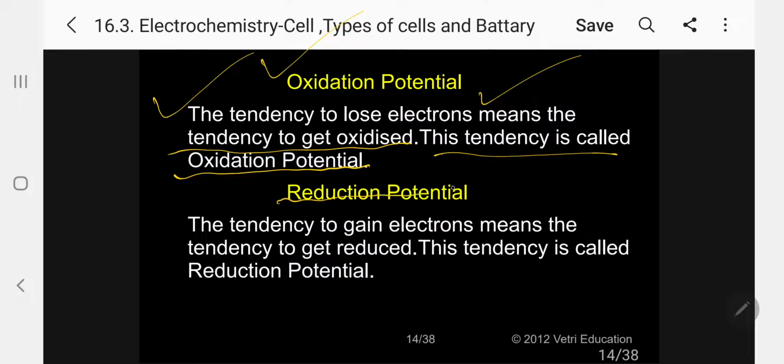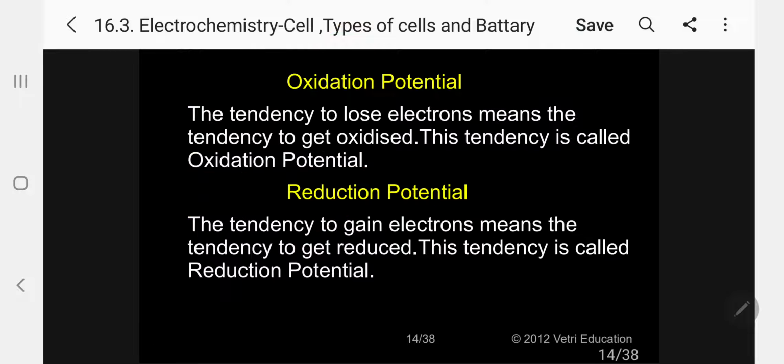Reduction potential: the tendency to gain electrons, meaning the tendency to get reduced, is called reduction potential. Kindly follow. In the case of Daniel's cell, it is the oxidation potential for zinc and the reduction potential for copper.